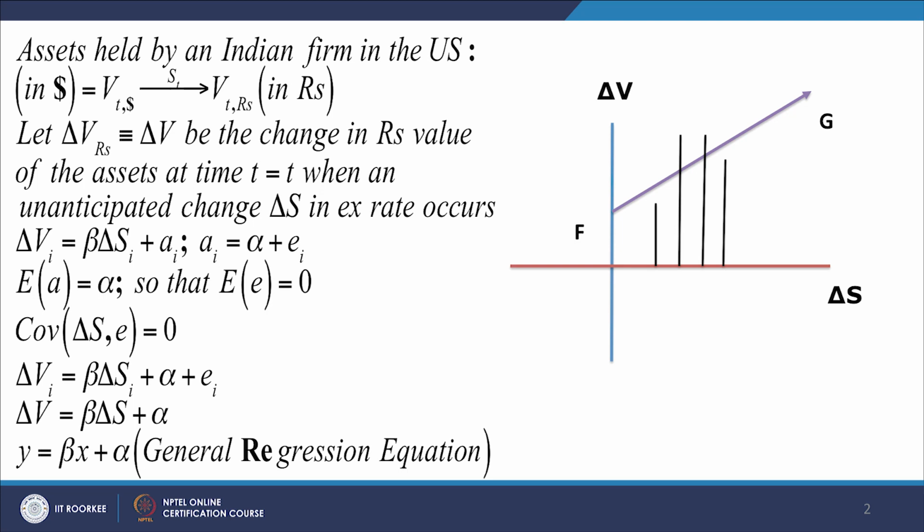Then we make a little more simplification. We write A I as alpha plus E I. We are splitting this random thing into the mean value, which is alpha, and the deviations about the mean value, which we call small e I. Obviously, the deviations about the mean value sum to 0. That is what we are simply trying to say.